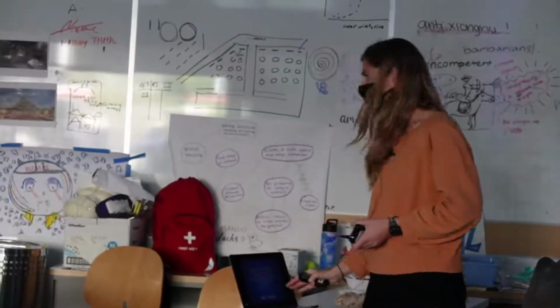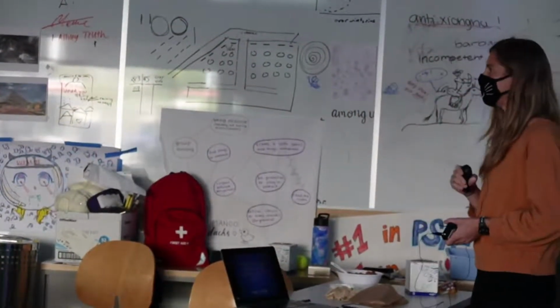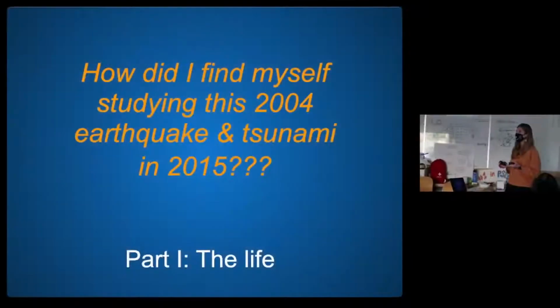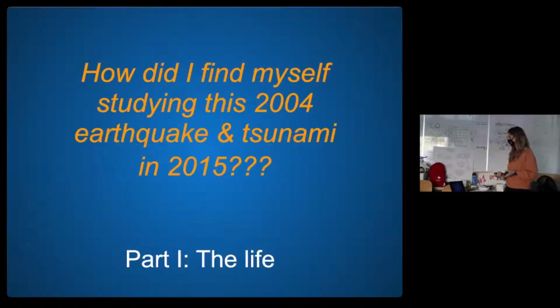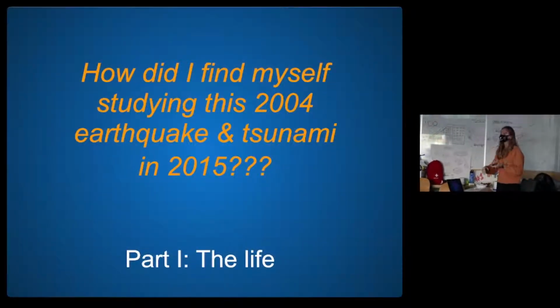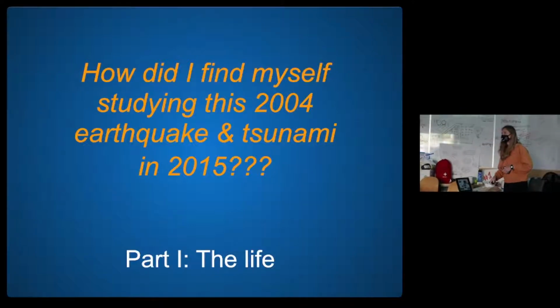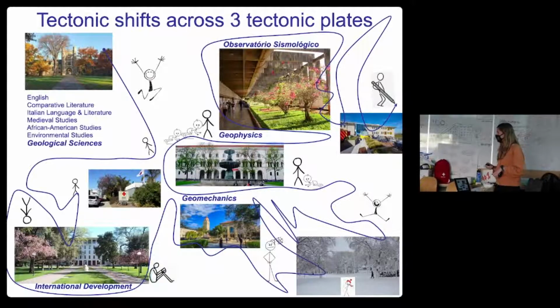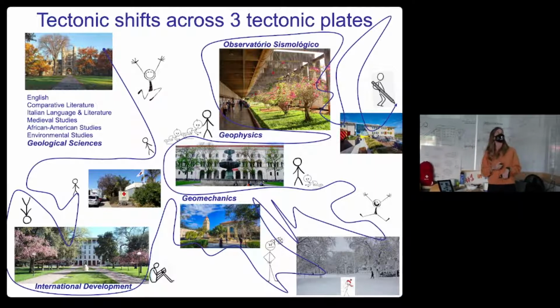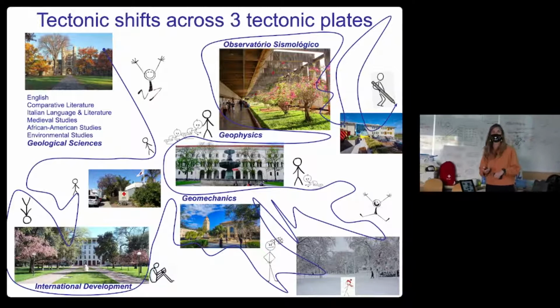So, how did I find myself studying this earthquake from 2004? Okay, part one is the life. All right? My interests have had tectonic shifts, okay? And I have lived on 3 different tectonic plates, all right?